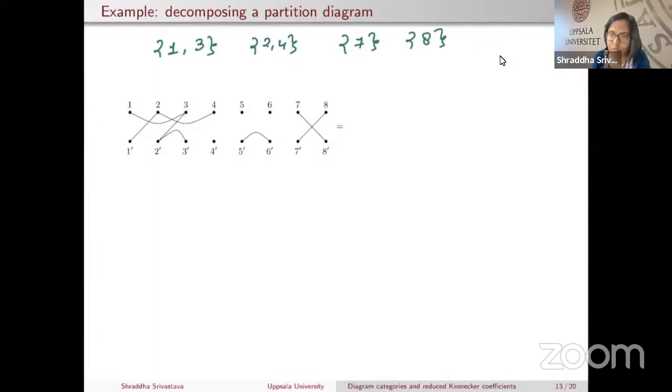We forget the things which are completely on the top, the things which are not coming down, for the time being. Then we can arrange them in an order, in terms of their maximum entry. So {1,3} is smaller than {2,4}, because we have a 1 here, 2 here, and 7, 8 are not. And then {2,4} is less than {7}, then {8}.